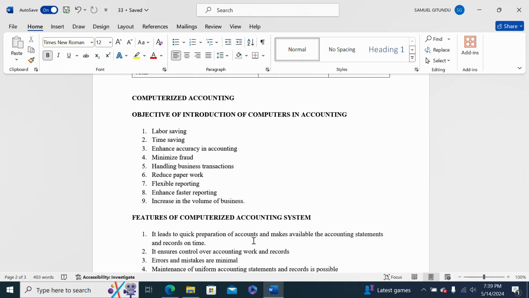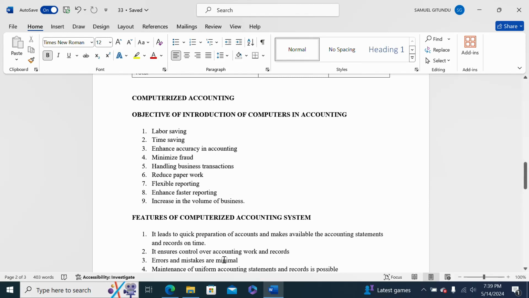And if the preparation of those accounts is very fast, then you're able to avail those statements and records on time. Then the next feature is that it ensures control of accounting work and records. When you have the computerized accounting system, you have control over the accounting work and records.